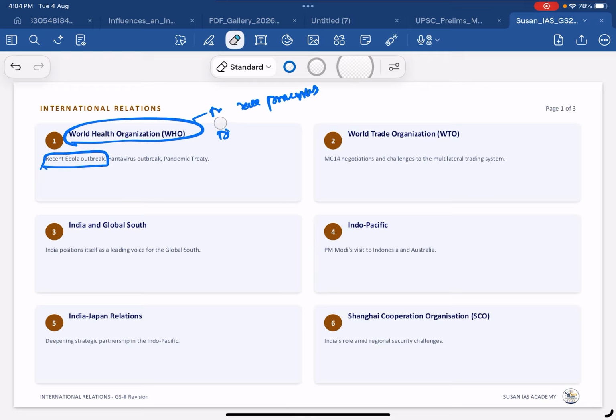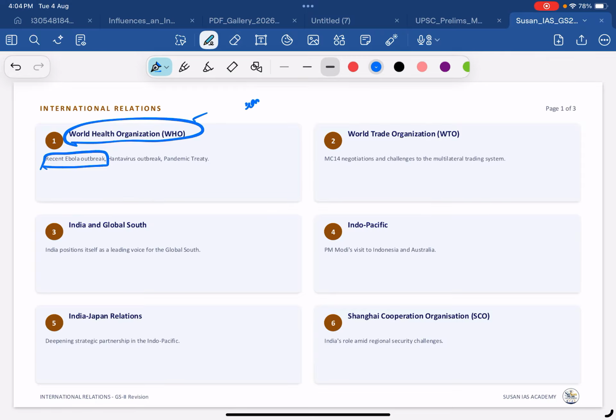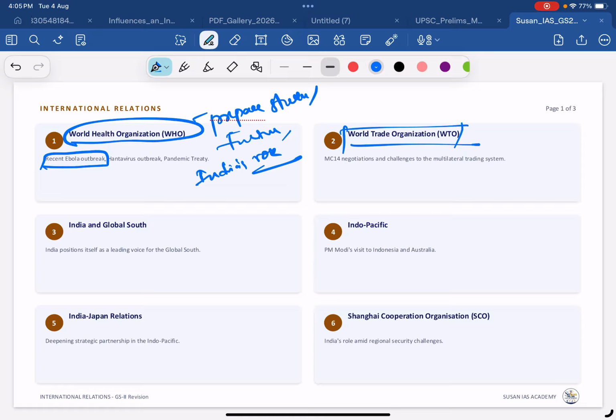Sorry, you should prepare its structure and functions, okay, and India's role, and global health governance, pandemic preparedness, and the pandemic treaty. One can be covered in WHO, whereas in the World Trade Organization, you can cover principles here.